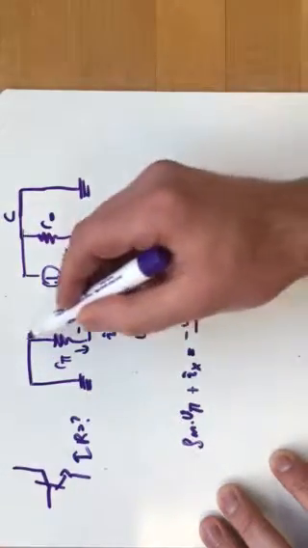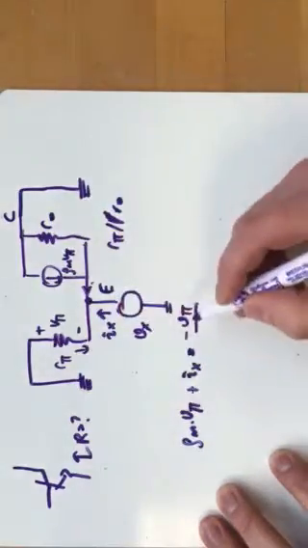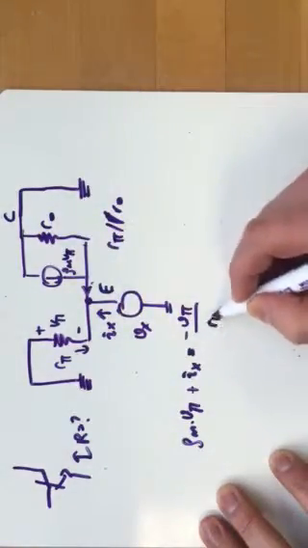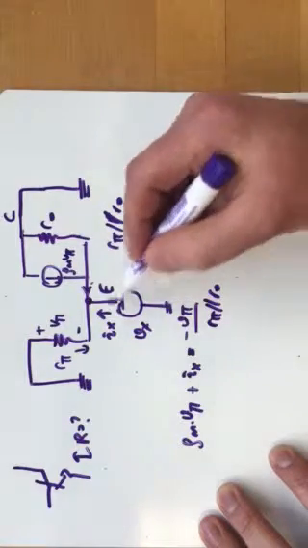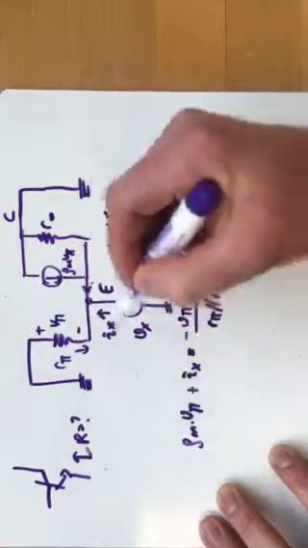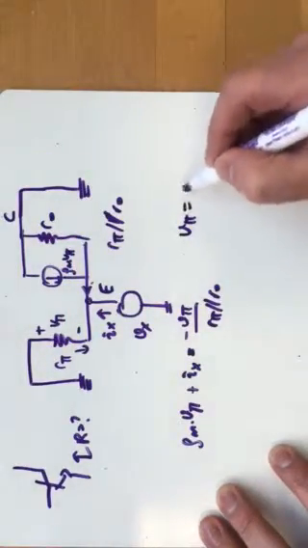This is V pi, this is also V pi. Same nodes. Because this is grounded, so this is going to be R pi in parallel with RO. If you see Vx here, this is V pi, so V pi and Vx are the same with the opposite sign.